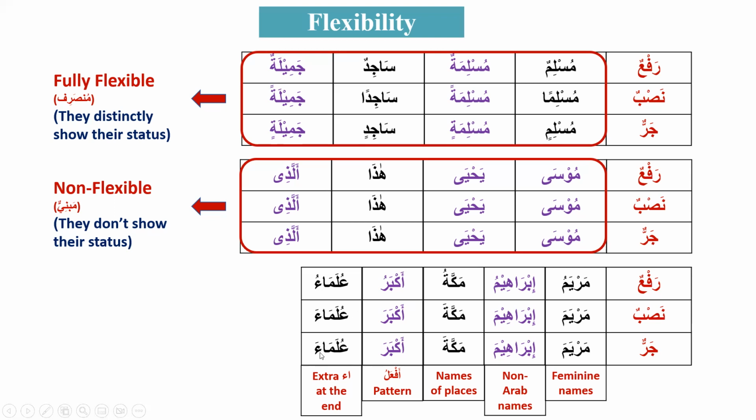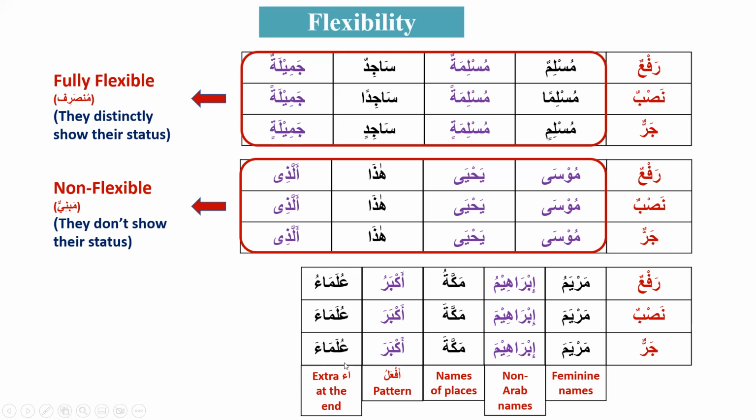I'm saying extra because ain, lam, and mim are the essential parts of it. They are the basic letters, and this alif and hamza are extra. That is why all the words of this kind, with the alif and hamza at the end, will always be light and will not take kasra in their jar status.